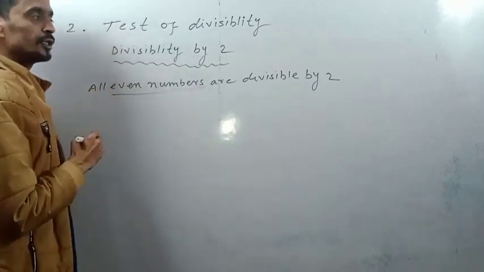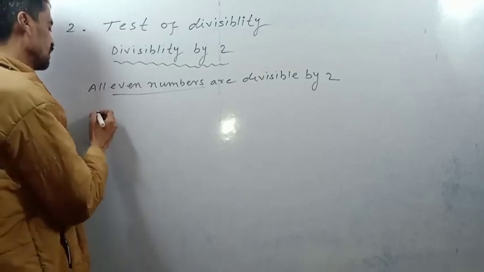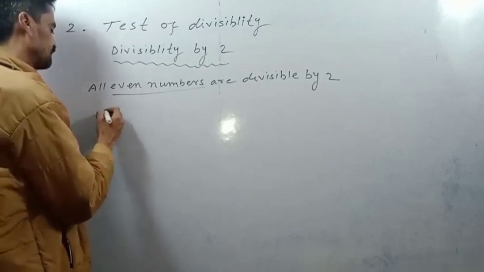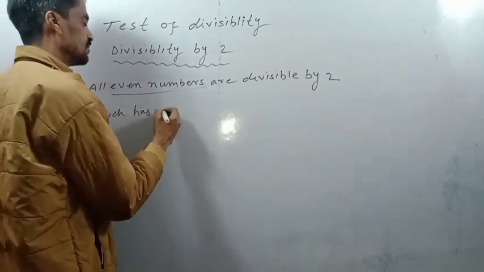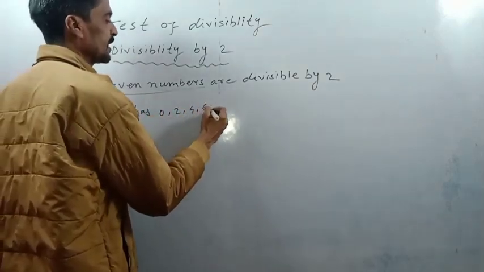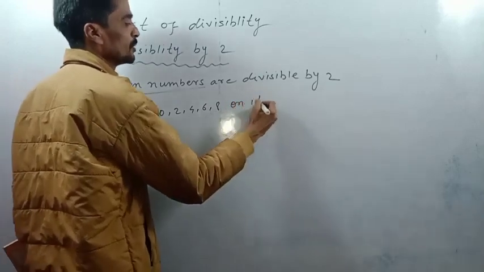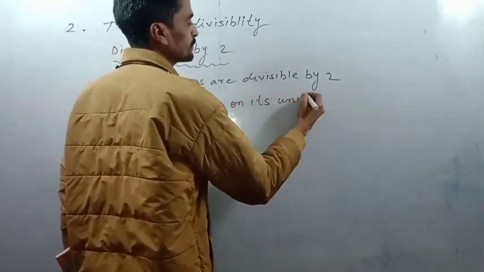What is an even number? The even number has 0, 2, 4, 6, 8 on its units place.